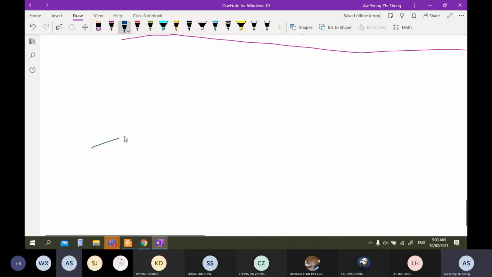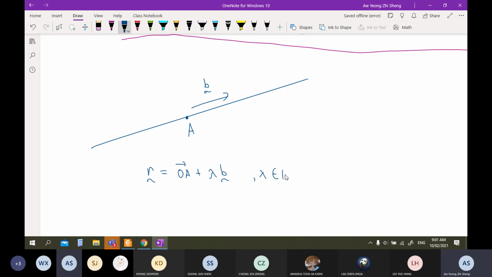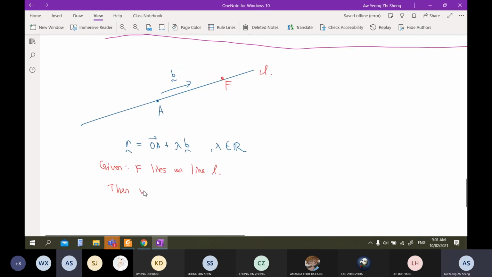Let me name this direction as B and let me call this point A. So the vector equation of a line can be written as R equals OA plus lambda times vector B, where lambda is in R. Now, if you are given that F lies on line L, then we can say OF can be written as OA plus lambda B for a particular value of lambda.